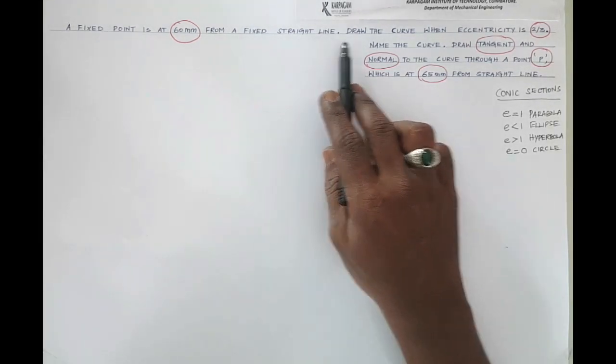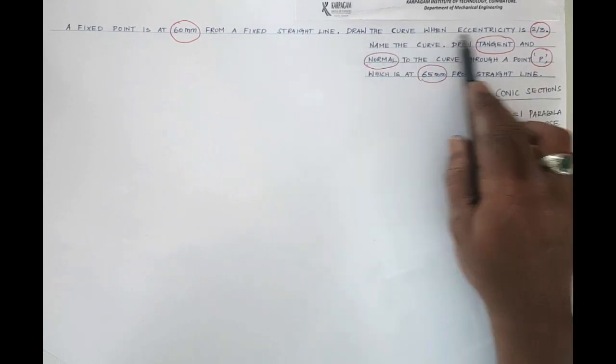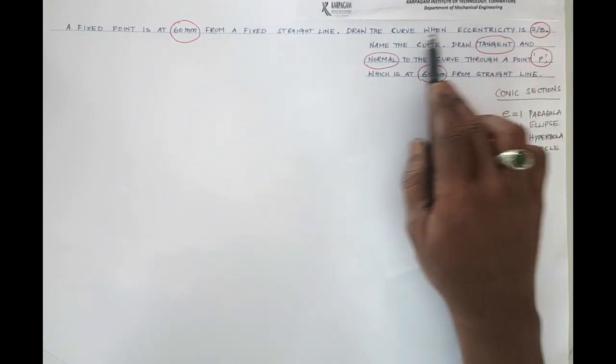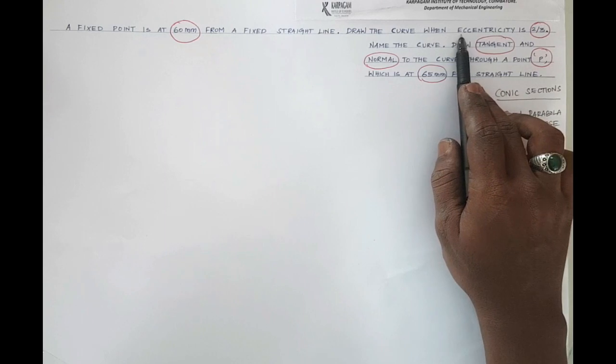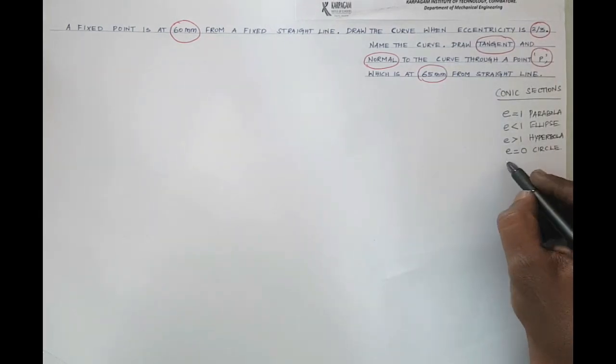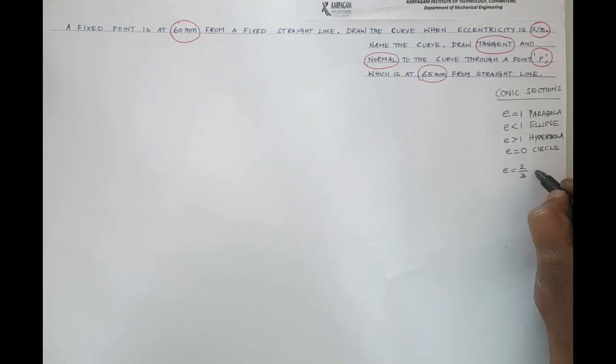Okay. Now come to the problem statement and concentrate on the second sentence of the problem statement. It is having the eccentricity value as 2 by 3. So we know that e is equal to 2 by 3, and which is less than 1.